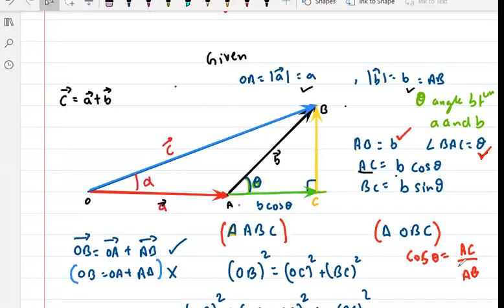I'm not going to teach 10th concept over here. After cross multiplication, which we studied in class 6 and 7, AC is equal to AB cos theta. And AB is equal to B, so AC is B cos theta.